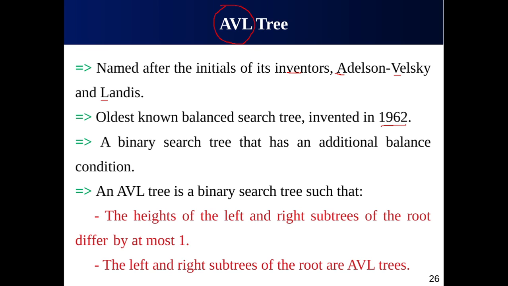It is a binary search tree that has an additional balance condition which was not in the BST. So an AVL is actually a binary search tree like the BST with these two properties. The properties are that the height of the left and right subtrees of the root differ by at most 1.